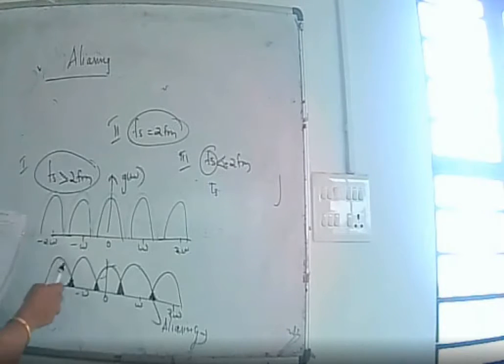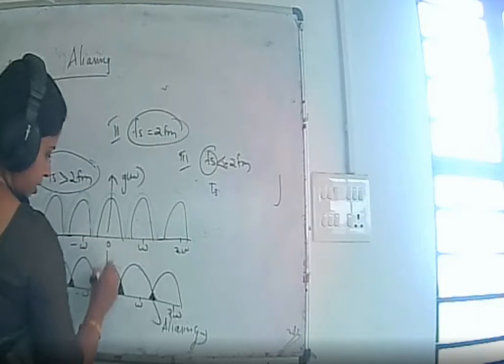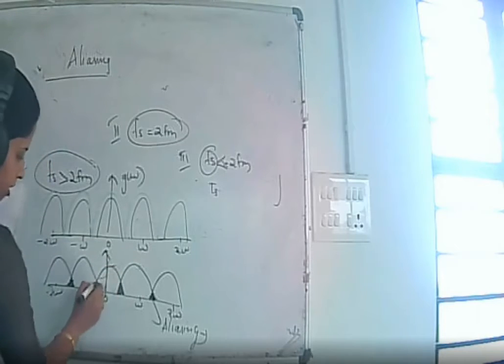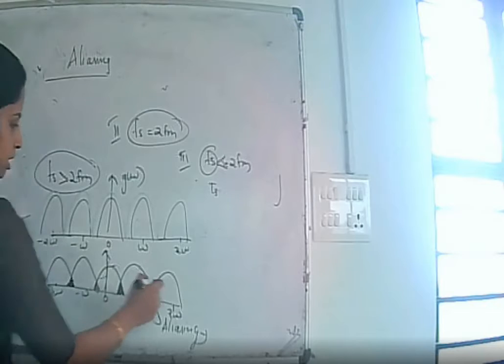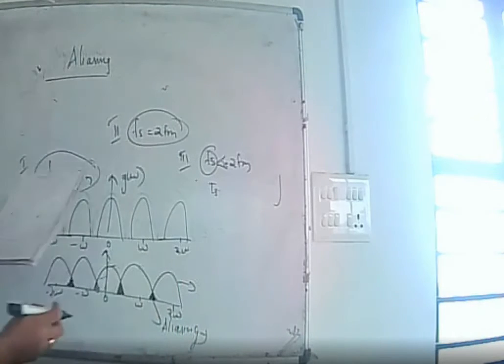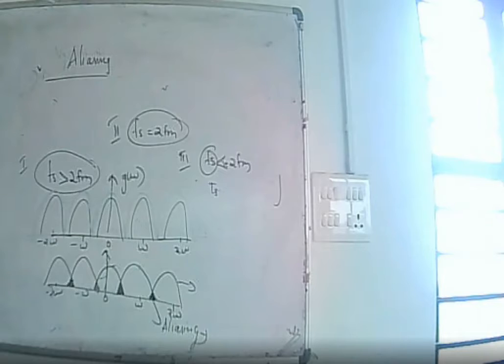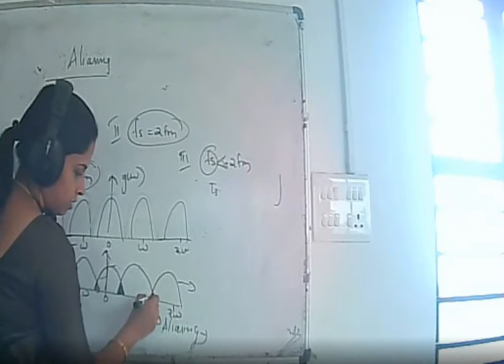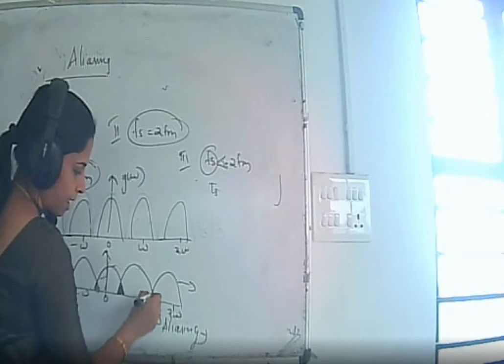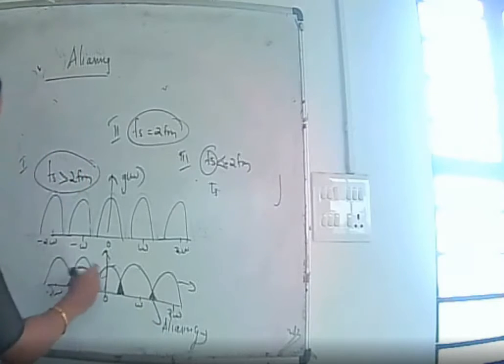In this overlapped region, the spectrum components add up on each other, and hence the reconstructed signal will be distorted, and we cannot recover the original signal x of t by low pass filtering. Both spectra overlap and add, and hence we get a distorted signal.